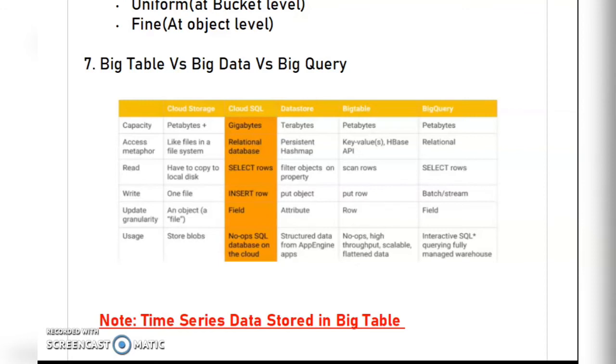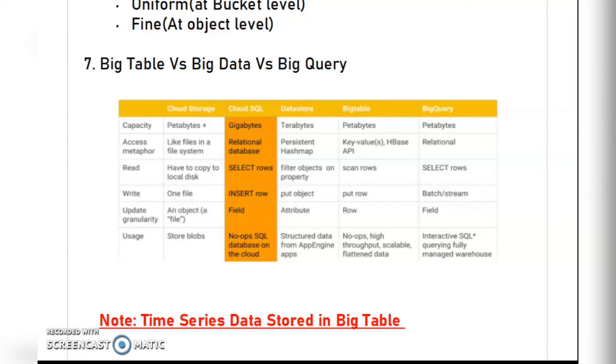When and how can you store data, and which storage can you opt for? When your data volume is in petabytes, I would recommend you go for Bigtable, which is offered by Google.